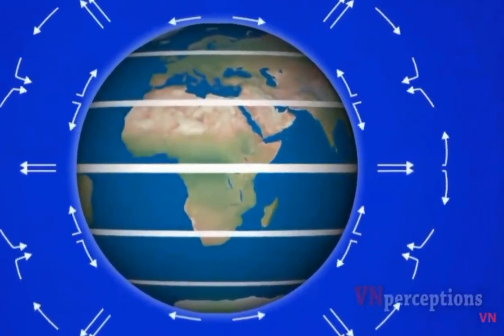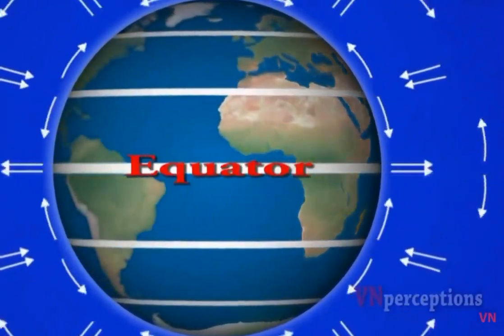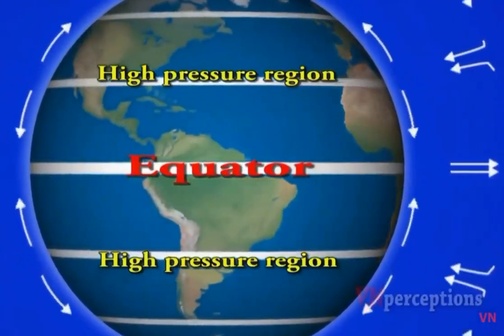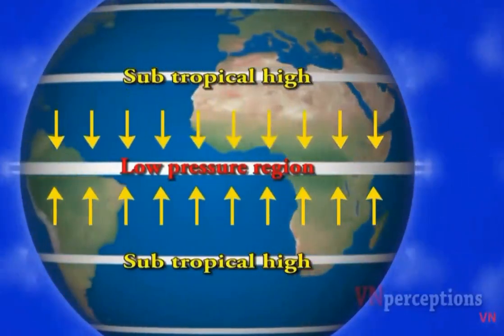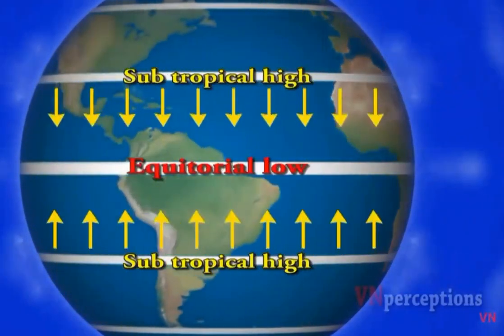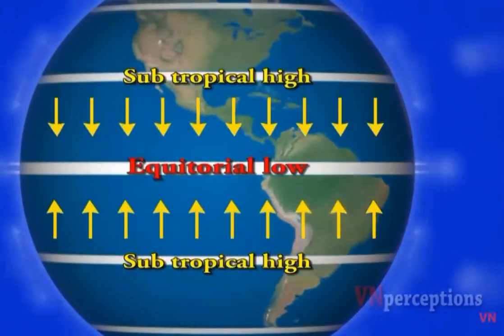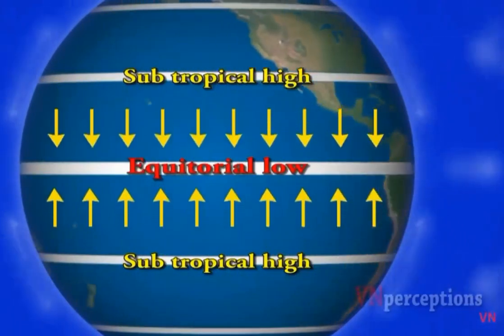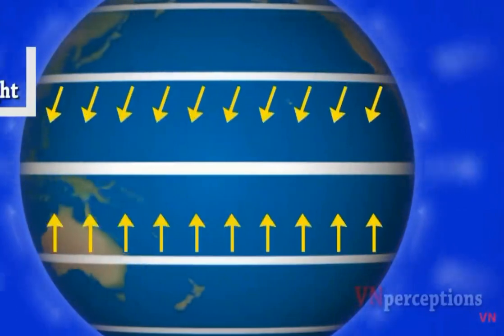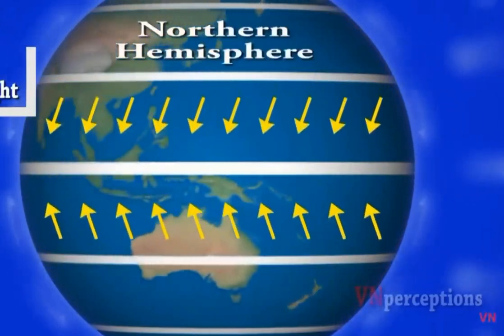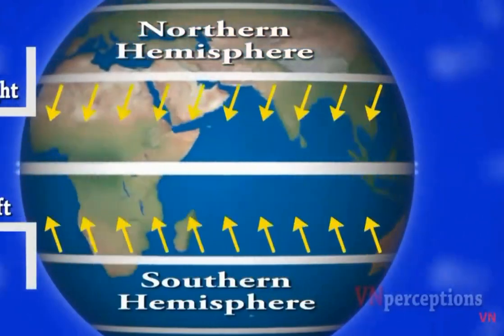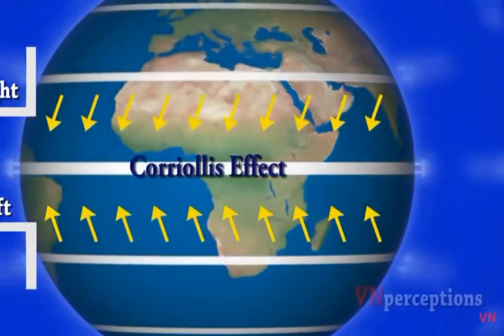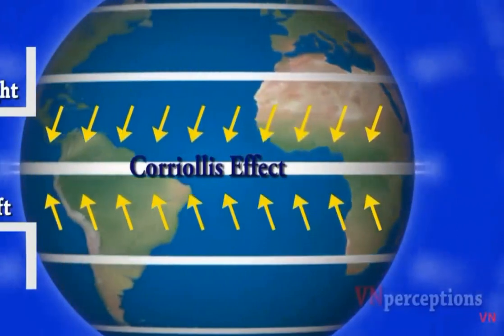On the surface of the earth, along the equator, the winds move from high pressure regions to low pressure regions, that is from the subtropical highs to the equatorial low in the northern and southern hemispheres. These winds bend to the right in the northern hemisphere, and in the southern hemisphere the winds bend to the left, and this is described as the Coriolis effect.